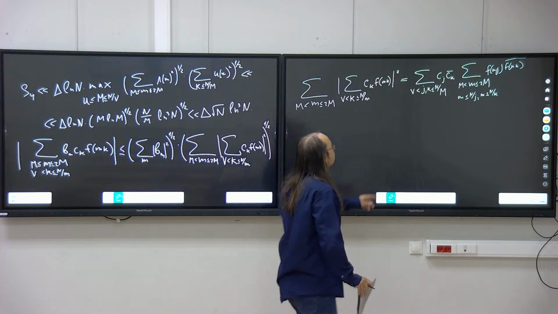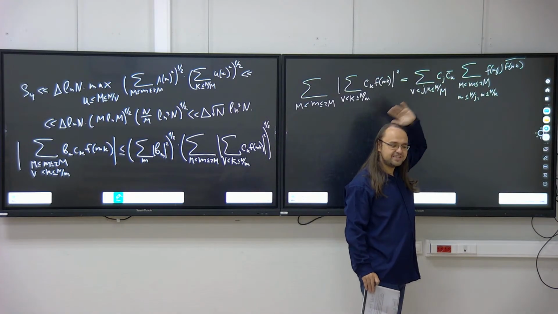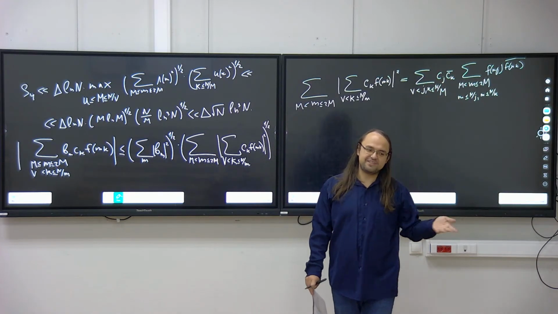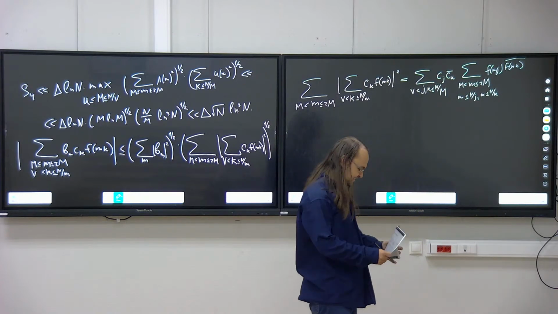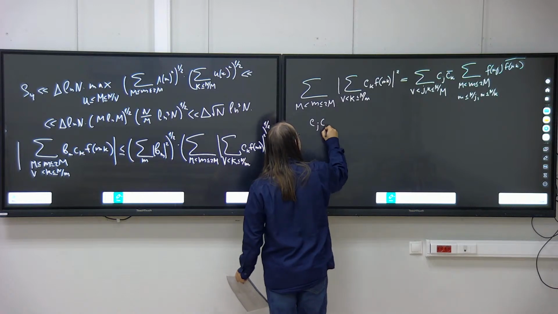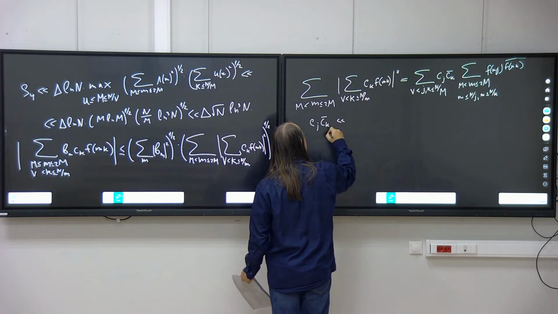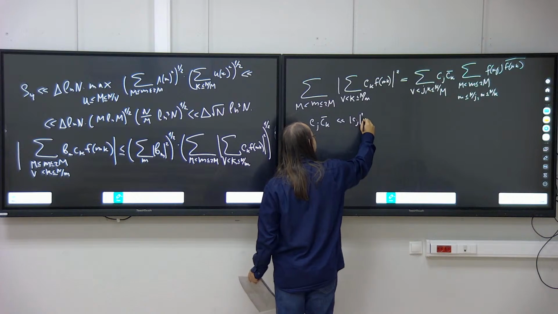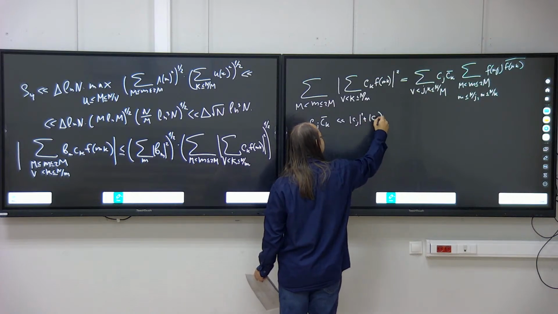Okay, so now this product is at most 1/2 of the sum of squares, right? And so c_j c_k is at most c_j squared plus c_k squared.